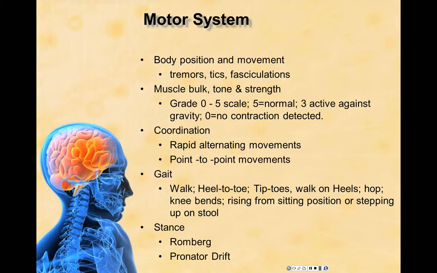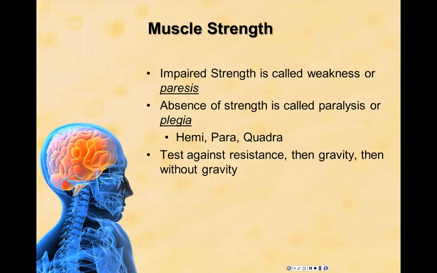And then we're going to look at the Romberg and the pronator drift to evaluate position sense and balance. Impaired strength is called weakness or paresis. Absence of strength is called paralysis or plegia.